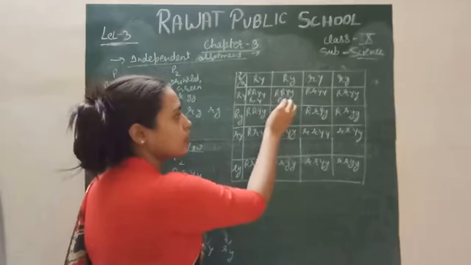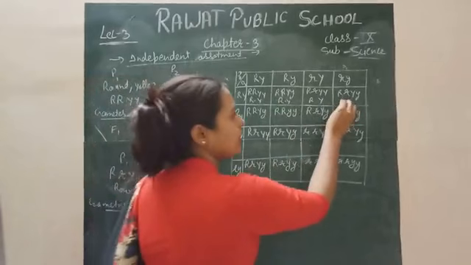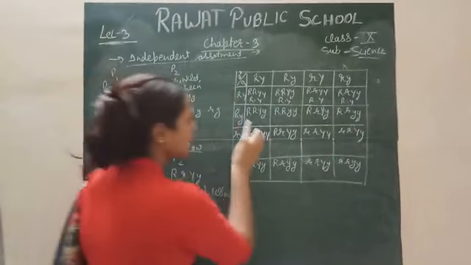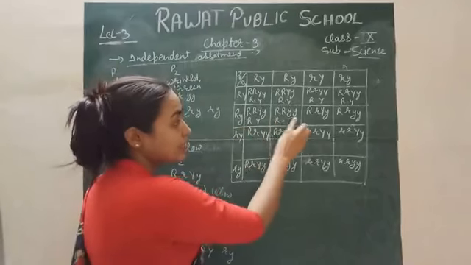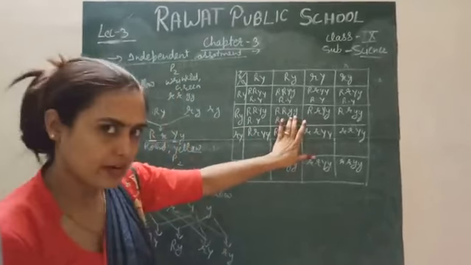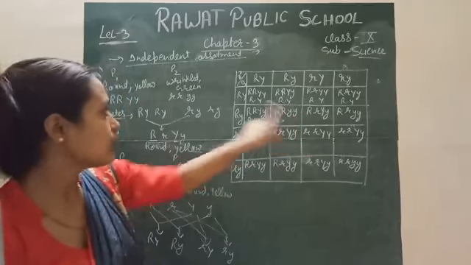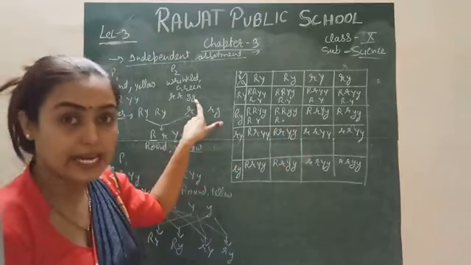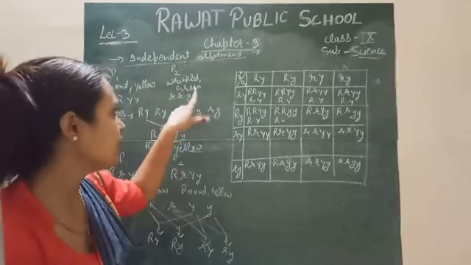Again, round, yellow, round, yellow, round and yellow. This is also round yellow, but there are small y which are in pair. And according to the law of dominance, if the recessive allele is present in pair form, it will express.